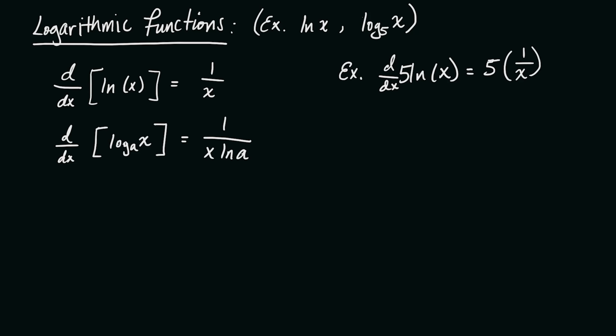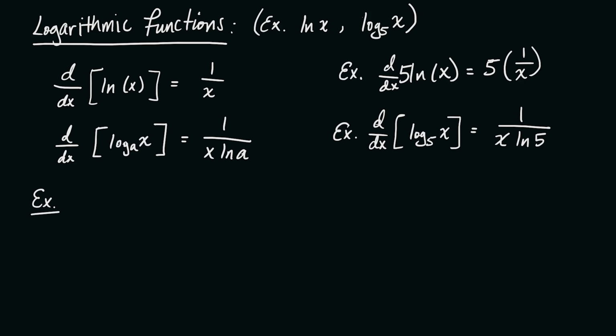Now let's say it was find the derivative of log base 5 of x. Then that'll just be equal to 1 over x. Remember, x stays the same, but then you take the ln of the base, which is ln of 5. Now take a look at this example for yourself and see if you can solve it.